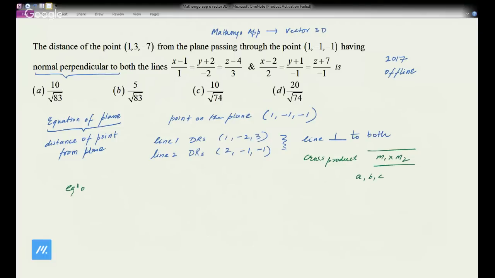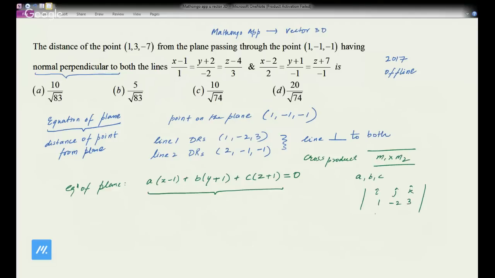So what is the equation of the plane? The equation of the plane would be written as A(x - 1) + B(y + 1) + C(z + 1) = 0. I'm assuming that you will be able to find the values of A, B, and C. Can somebody give me the values of A, B, and C, so that we can complete the question without shying away from it?